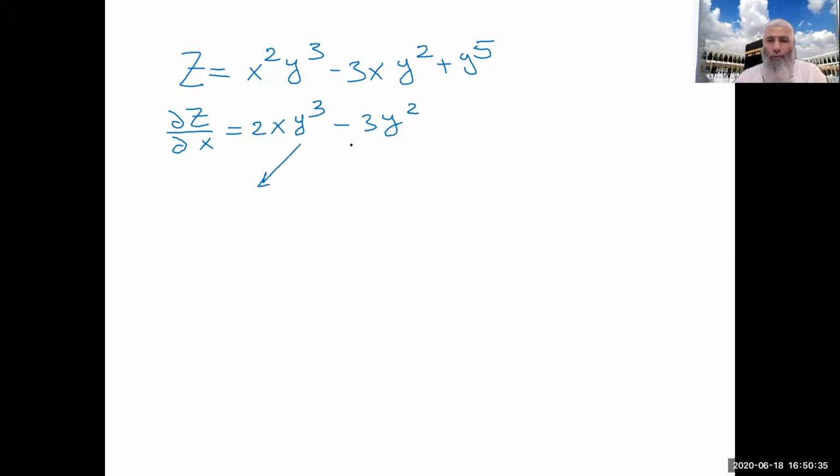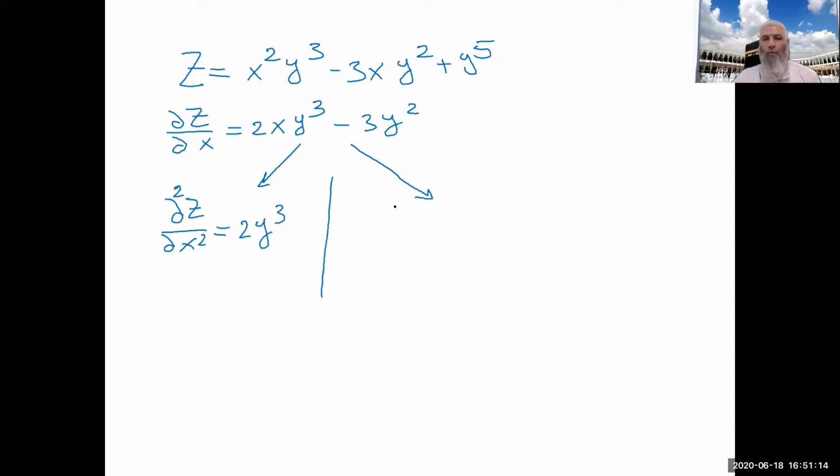Now we have two ways. We can calculate d2z/dx squared, so we take the derivative with respect to x again, second time. So y is a constant again. So we have 2y cubed, minus y squared, no, this is constant, so the derivative of a constant is 0. Okay.